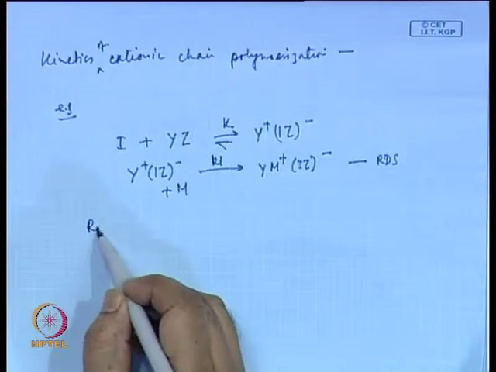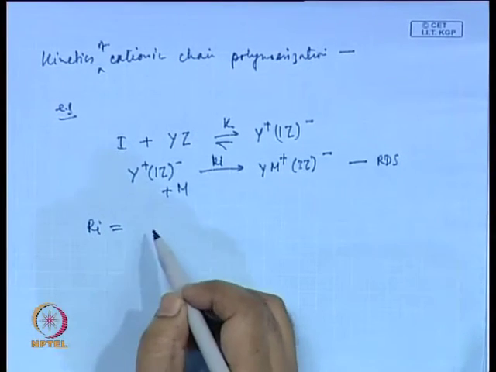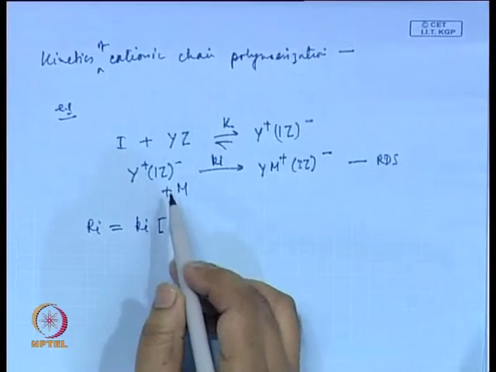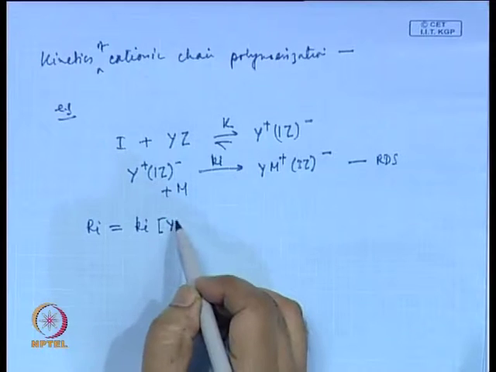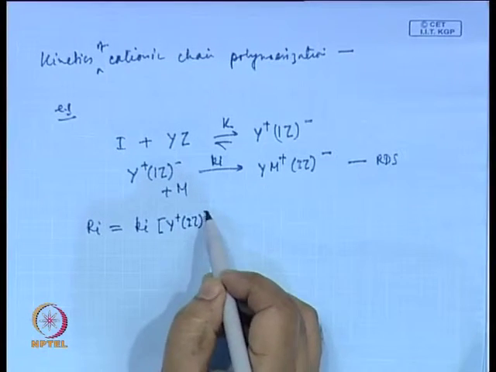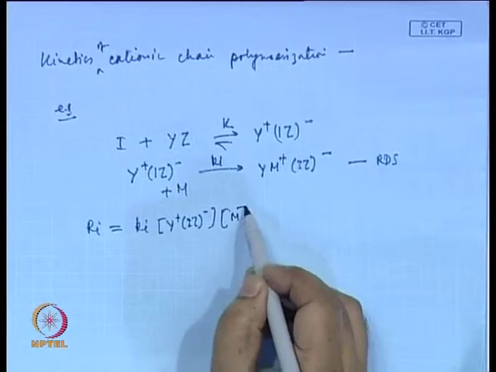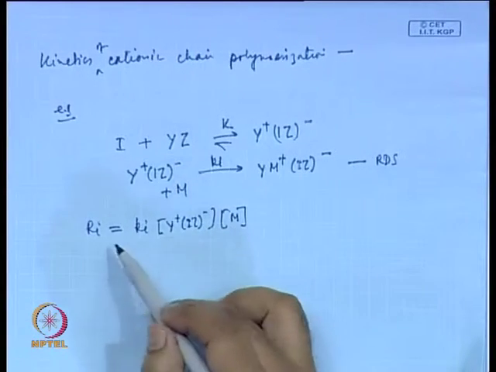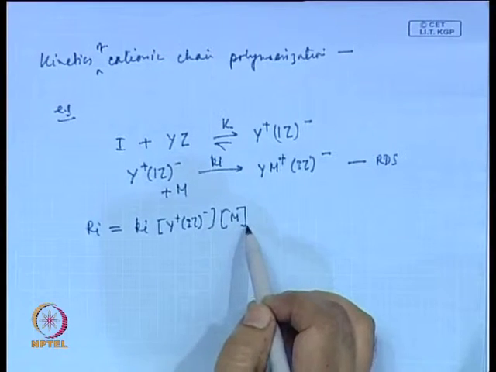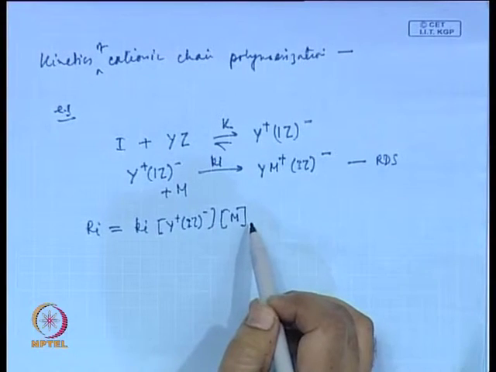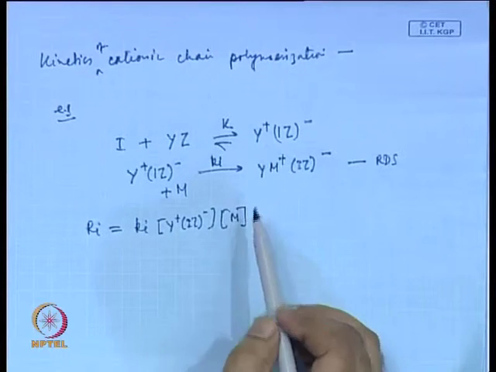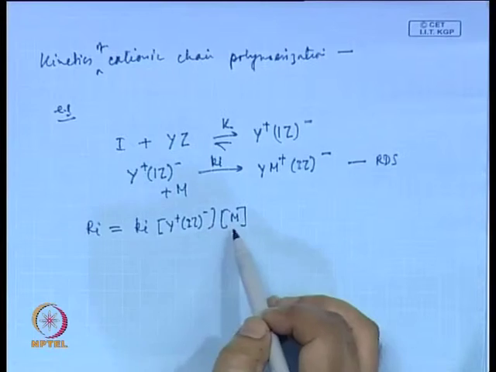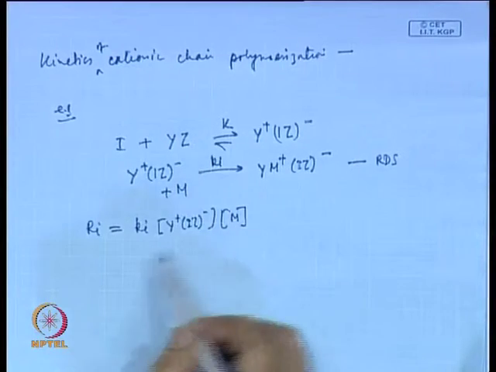So, if I write the expression for rate of initiation, it would be K_i, concentration of this species Y+ IZ-, and concentration of monomer. As I mentioned earlier, in the rate expression for initiation reactions this monomer appears, whereas in case of radical chain polymerization the monomer was not present in the rate expression of the initiation reaction.